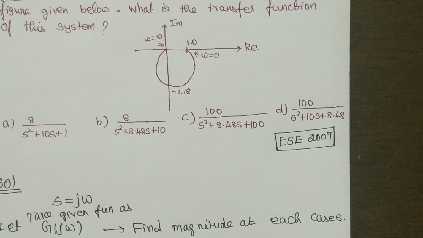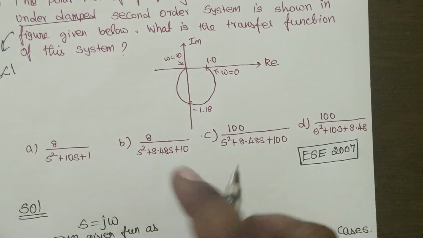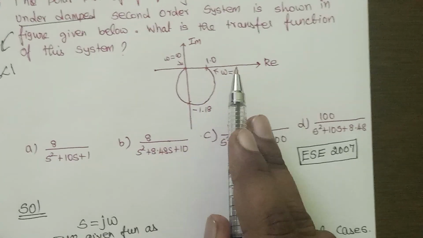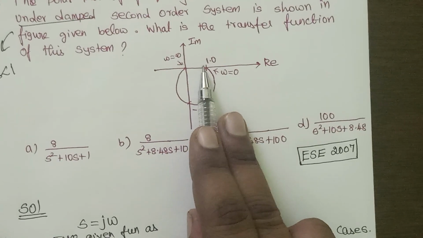From the polar plot we identify that when omega is equal to 0, the magnitude is 1.